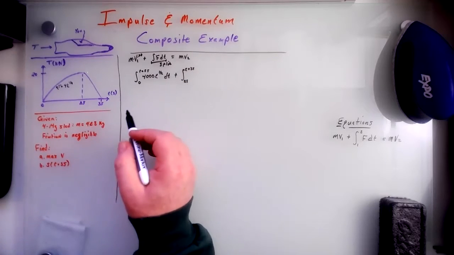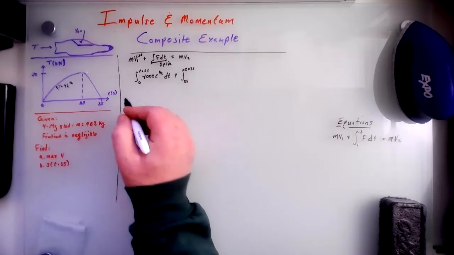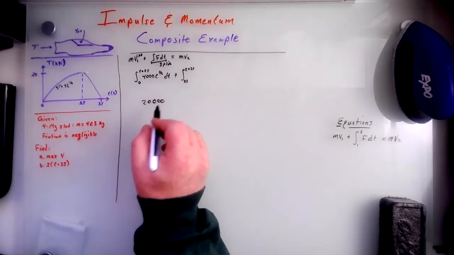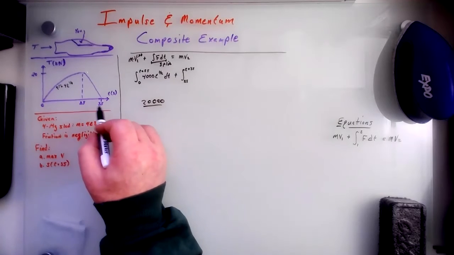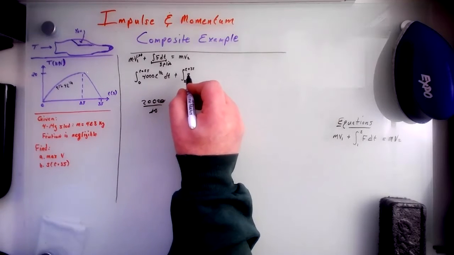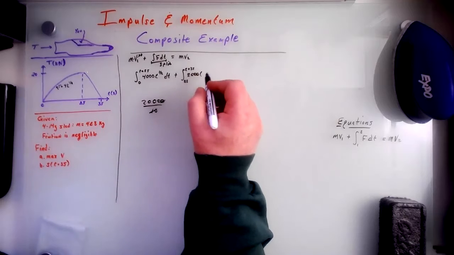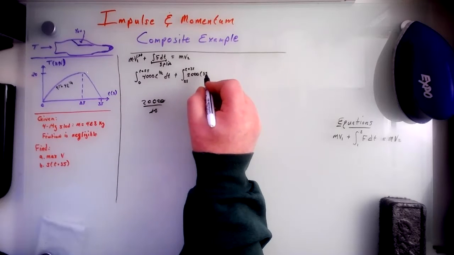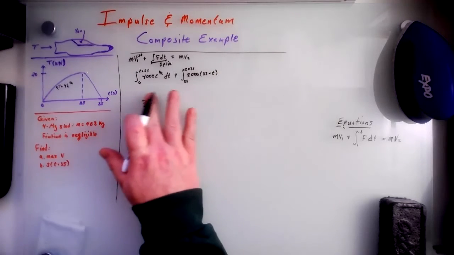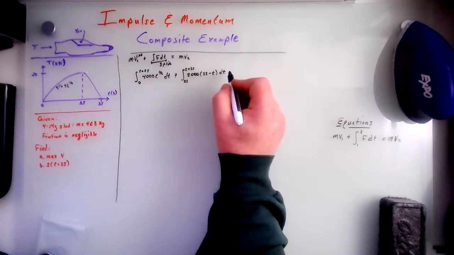This is the starting point, 20,000, dropping over 35 minus 25, that's 10 seconds, so 2,000 is how far we're dropping per second, times 35 minus t, dt.